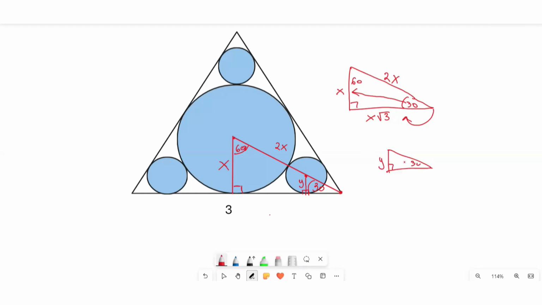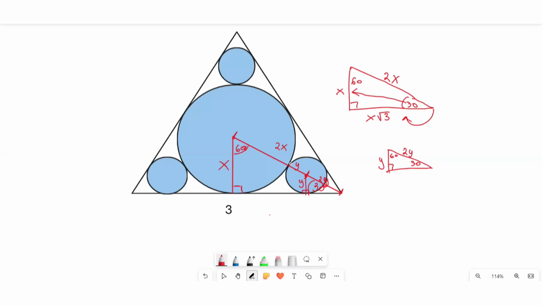We still have 30 degrees here and 60 degrees here, which means that this hypotenuse is going to be 2y. How are we going to use this? Remember that this is the center. That means this is y. But the hypotenuse would have started from here and gone here, which is 2y all the way there.